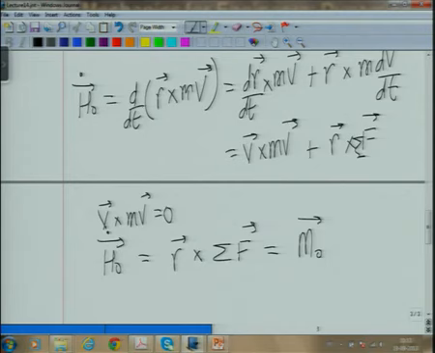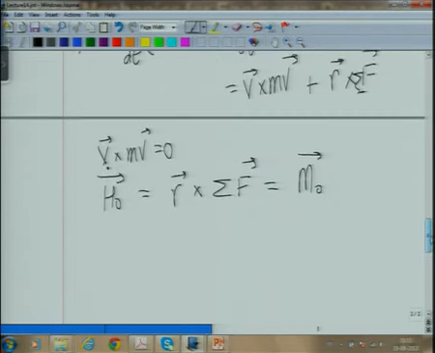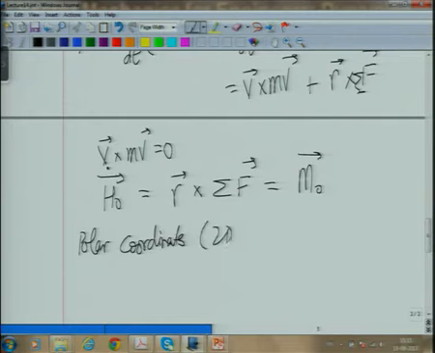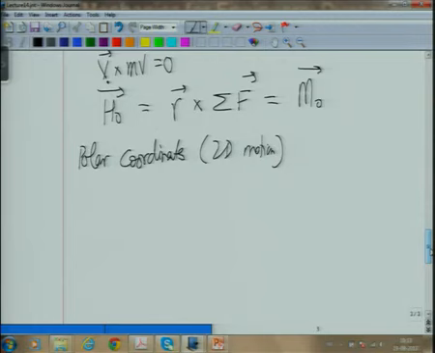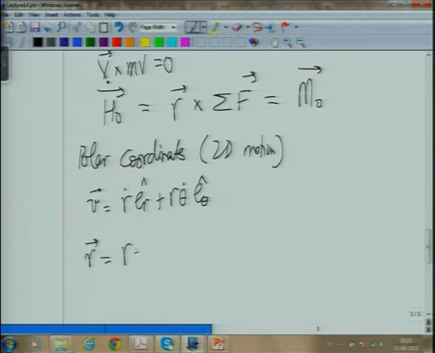So now, when we use this in polar coordinates, let us look at 2D motion in polar coordinates. Then what we have is velocity equal to r dot e r plus r theta dot e theta, and the vector r is r e r here.